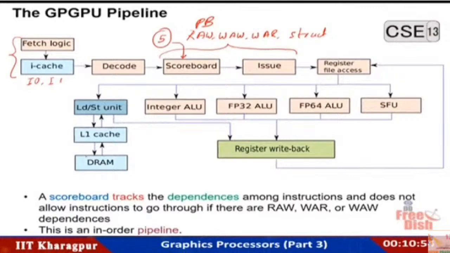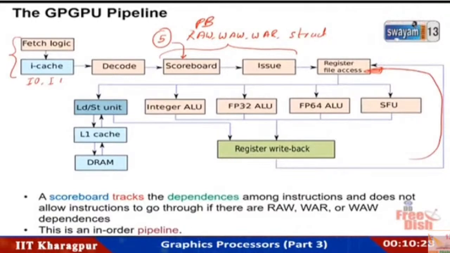But still, the GPU DRAM has a very large role to play in the GPU because we're dealing with big data over here, a lot of the data ultimately ends up getting stored in the DRAM. And for regular functional units, once the operands have been calculated, there's a register write back, and we again write the results back to the register file.